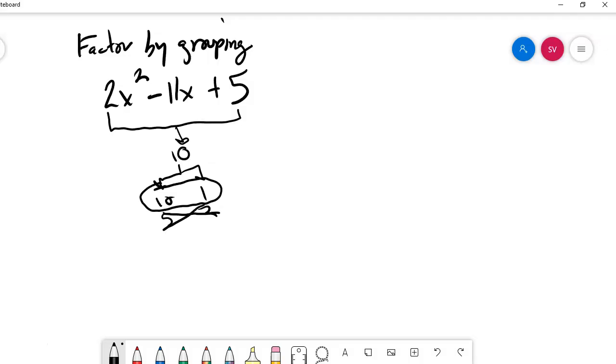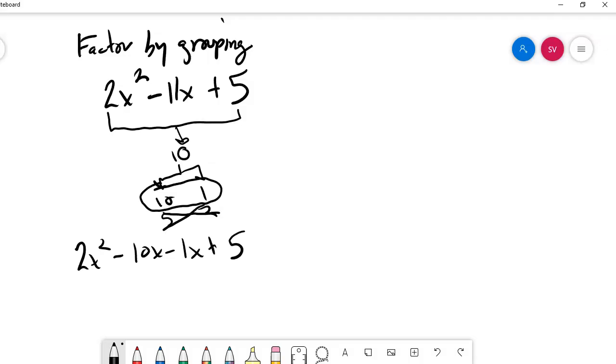Step 3 is we need to expand out our original problem, our 2x squared minus 11x plus 5, where the middle term is made up of our two factors. So I'll show you what I mean. I'm going to take my 2x squared, which is the original first term of our trinomial here. So it'll be 2x squared minus 10x minus 1x plus 5.